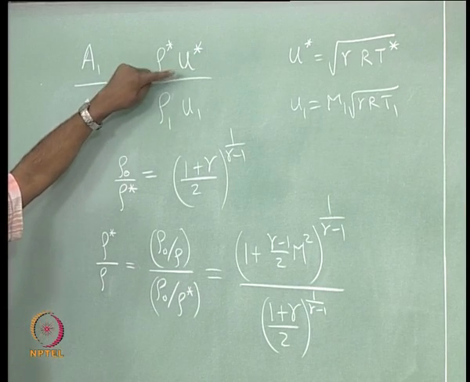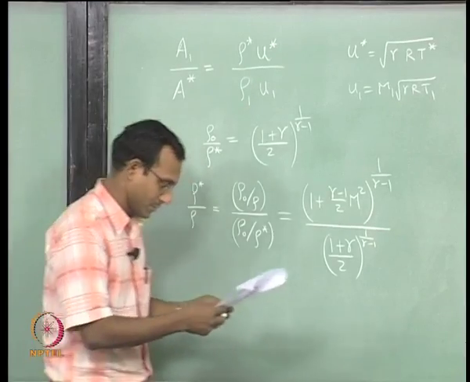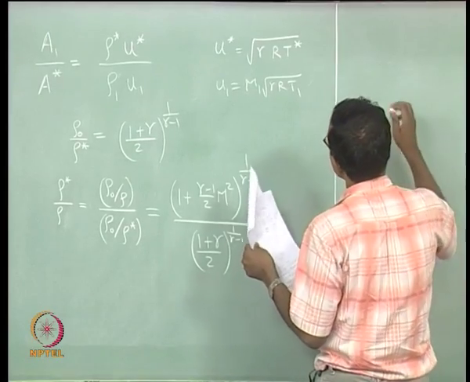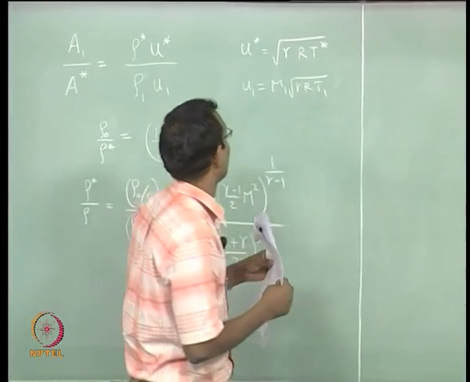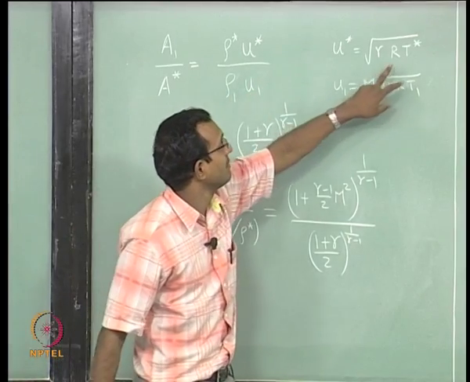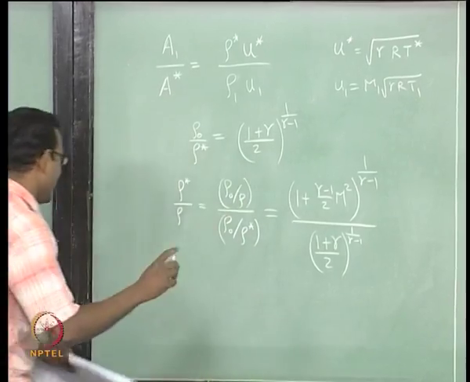I also have u star and u expressions, and I will put all of them together. Actually I just want to write one more step, then I will put everything together. If I put u star by u, I will have a square root of t star by t, so I will write t star by t.